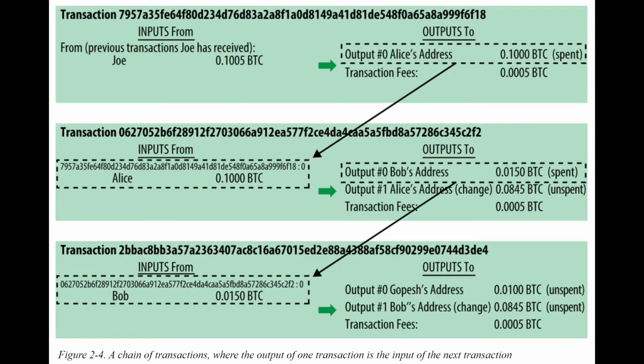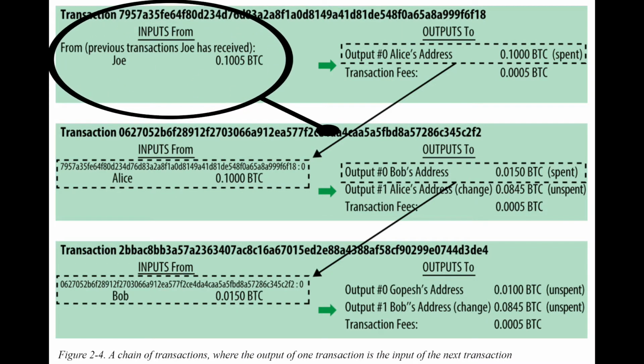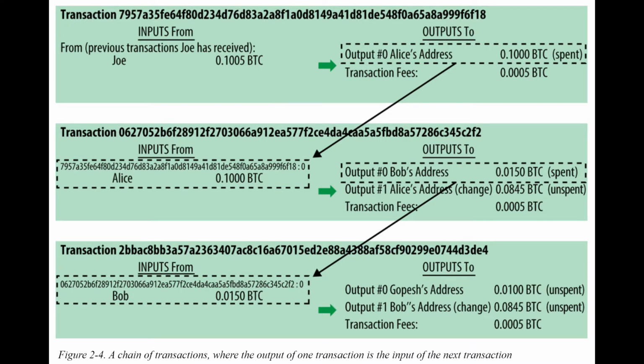And we can see in this diagram how this starts to kind of link together, starting with Joe in the top left. Joe would like to send Alice some Bitcoin. He sends Alice 0.1 Bitcoin. So that input that started for Joe becomes the output that Alice now has. There is a small transaction fee, as we'll discuss.